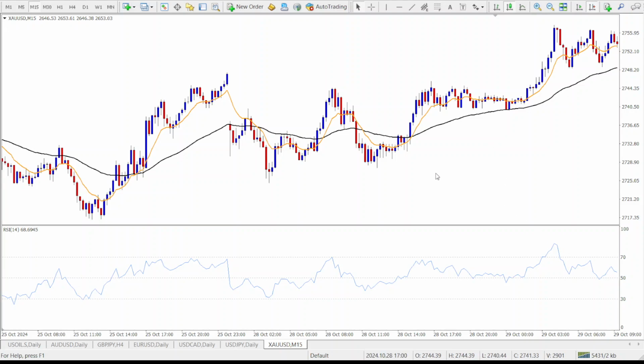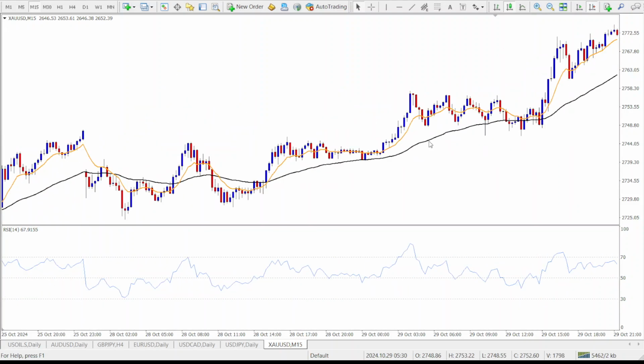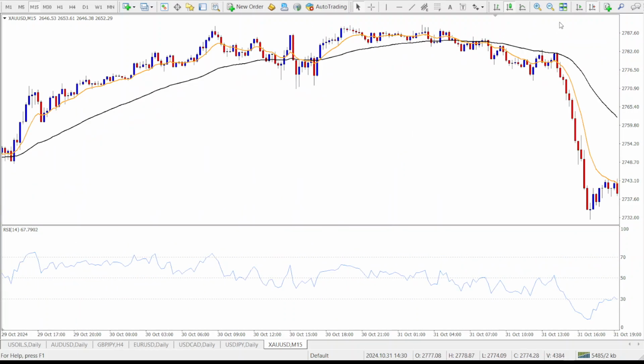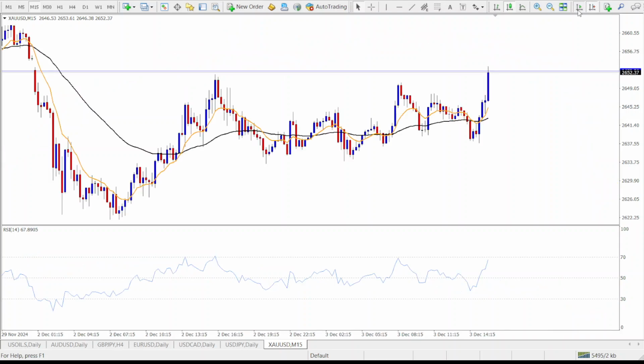Now, let us talk about the exponential moving average. The EMA is a trend following indicator that places more weight on recent price data, making it more responsive to sudden market changes. For scalping XAUUSD, we recommend using 2 EMAs.